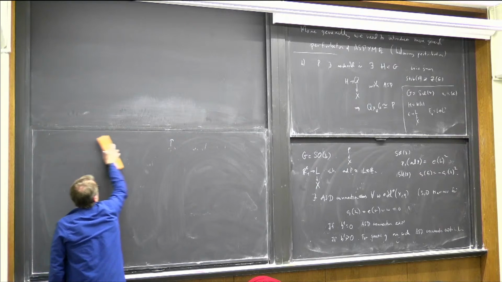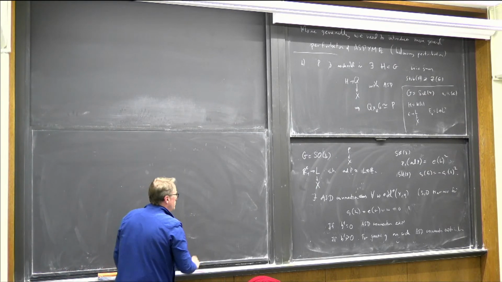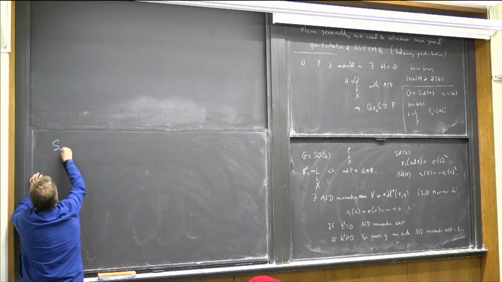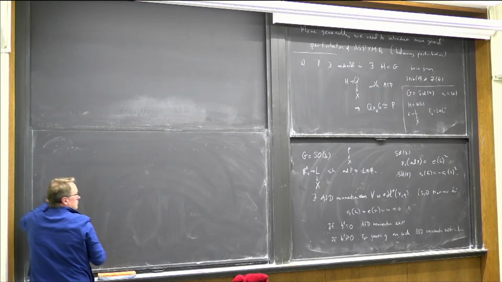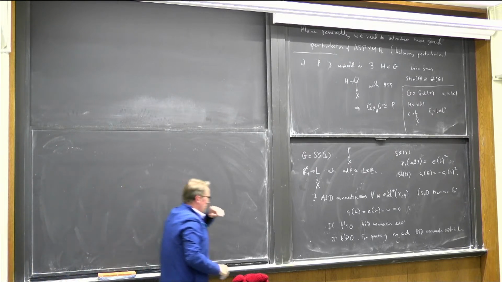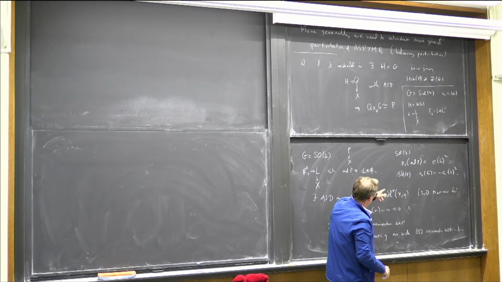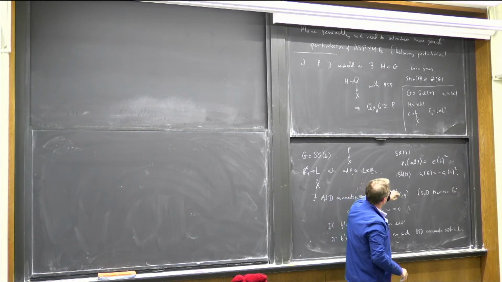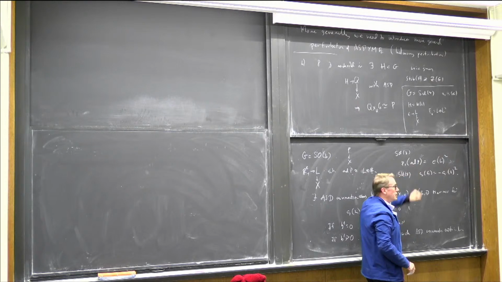So let's suppose, well, sorry. We can now answer a topological question: how many distinct reductions are there?